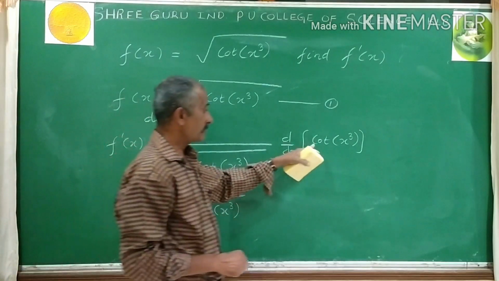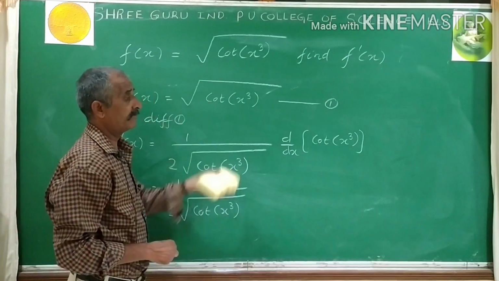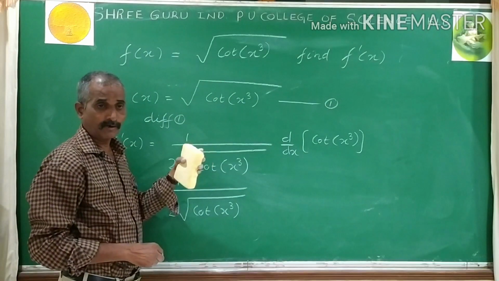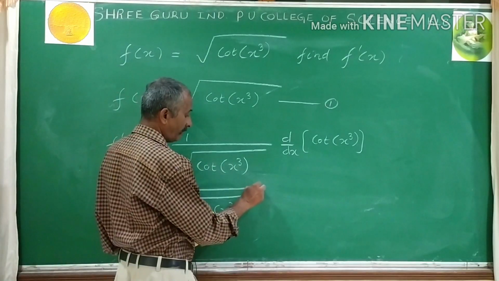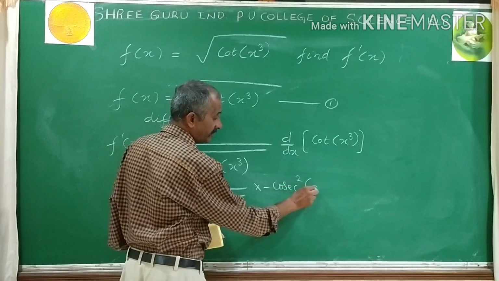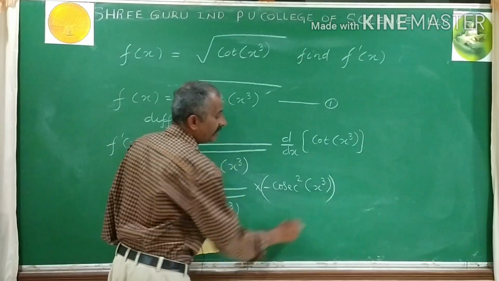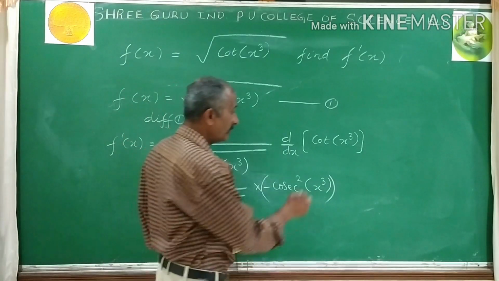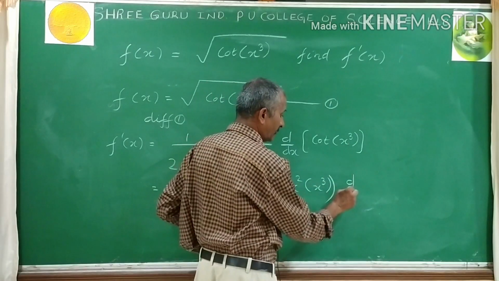Here again it is a composite function. The first coming function is cot. Recall the standard formula: the differentiation of cot x is minus cosec square x. Here minus of cosec square, but x means x cube. Not enough. Only the differentiation of cot function is over, into the differentiation of x cube.